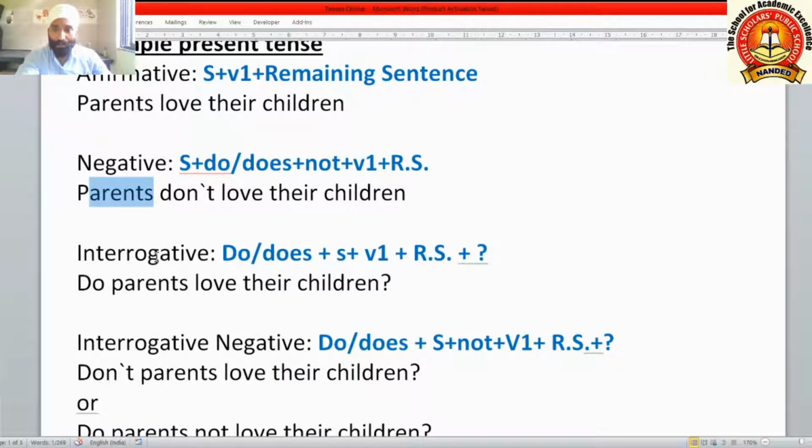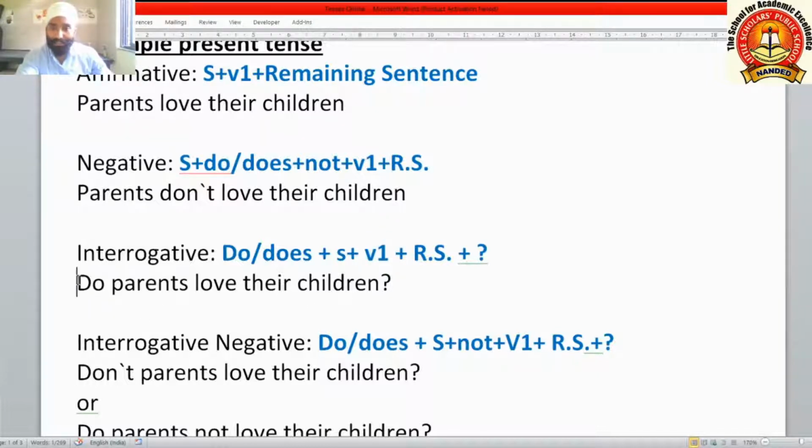Let us come to the interrogative sentence in this type. If you want to form an interrogative sentence in simple present tense, you have to take do/does in the beginning. How is the sentence? Do/does plus subject plus verb first form plus remaining sentence plus question mark. What is important in all the sentences is the verb with the first form. And if the subject is singular, we use the verb S form.